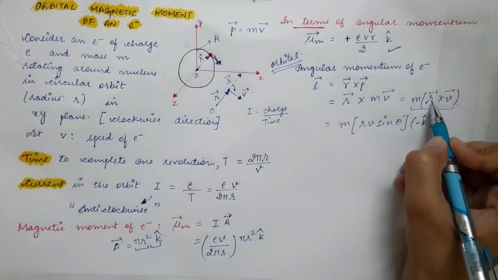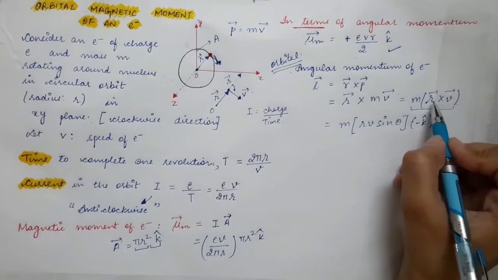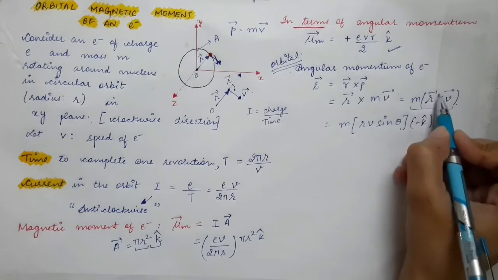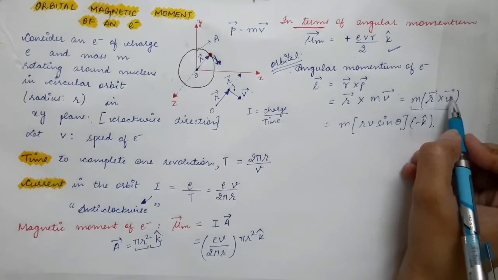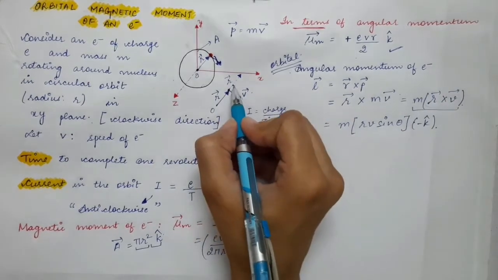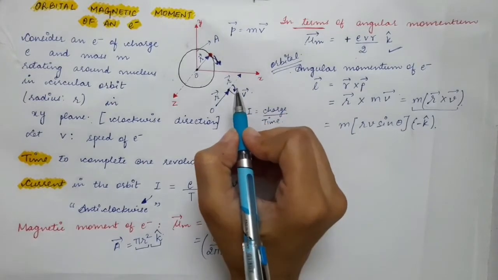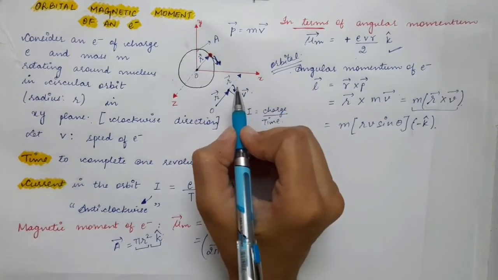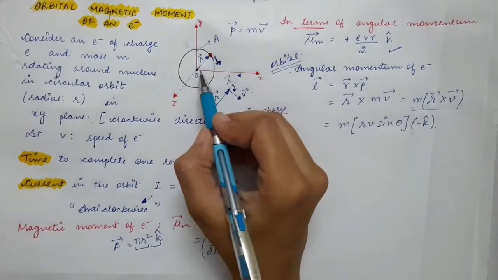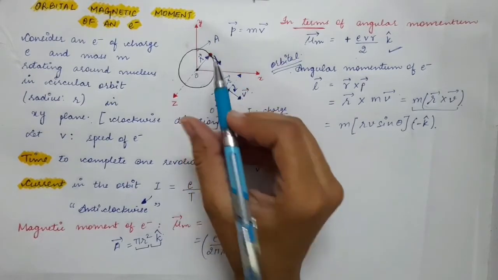So over here we have r cross v, means you have to curl your fingers from r vector towards v vector. If you curl your fingers in this manner, then the thumb will be pointing inwards, means in this direction, in the minus k cap direction.